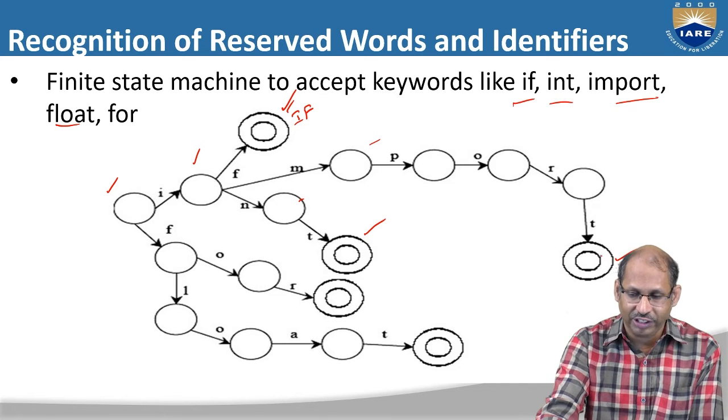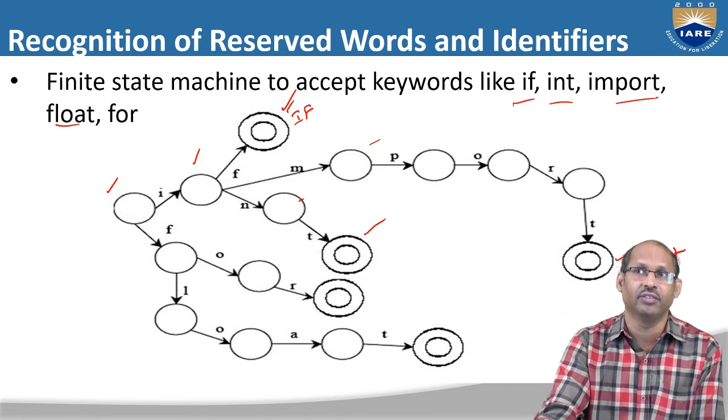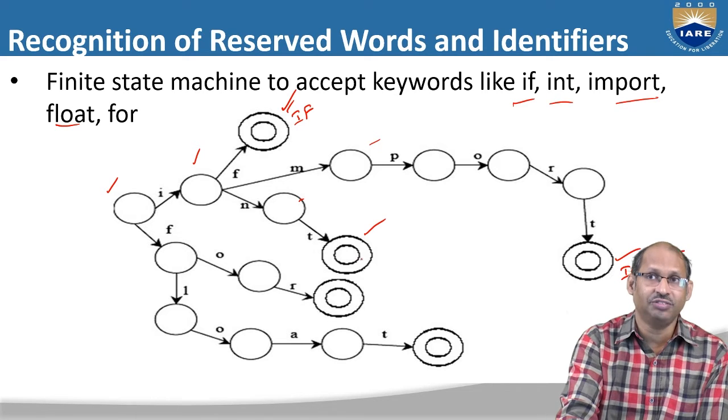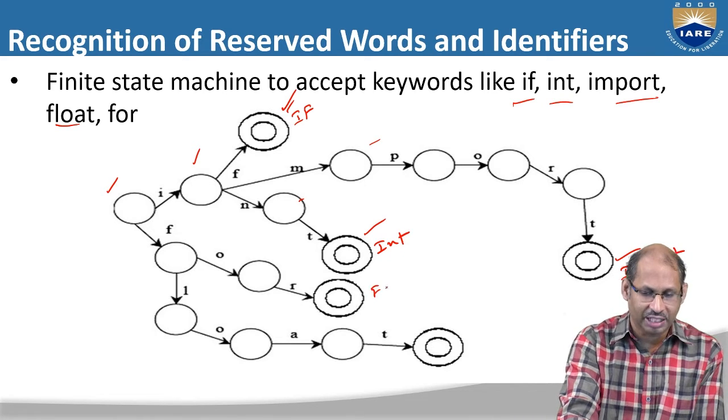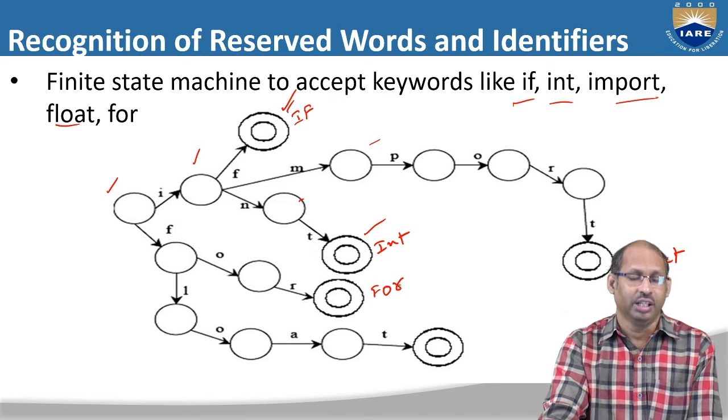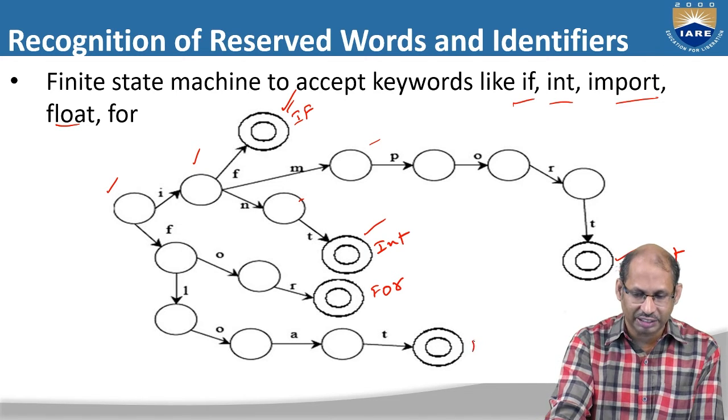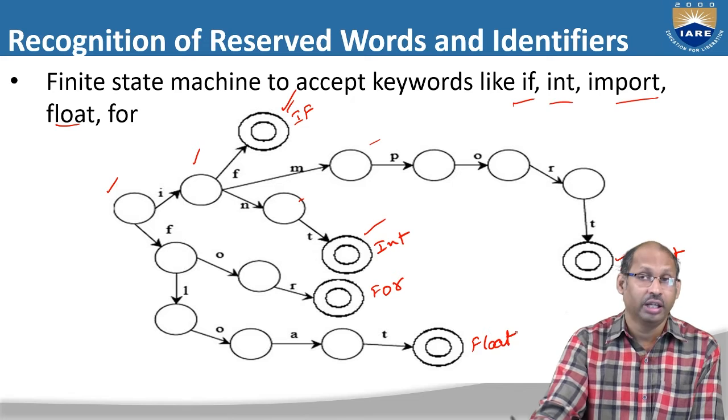If it reaches this final state, we say it is an import keyword. Here, if it is this one, it will be said to be an int keyword. Then, if it is this one, we say it is a for keyword. If it goes to this one, we say it is a float keyword.